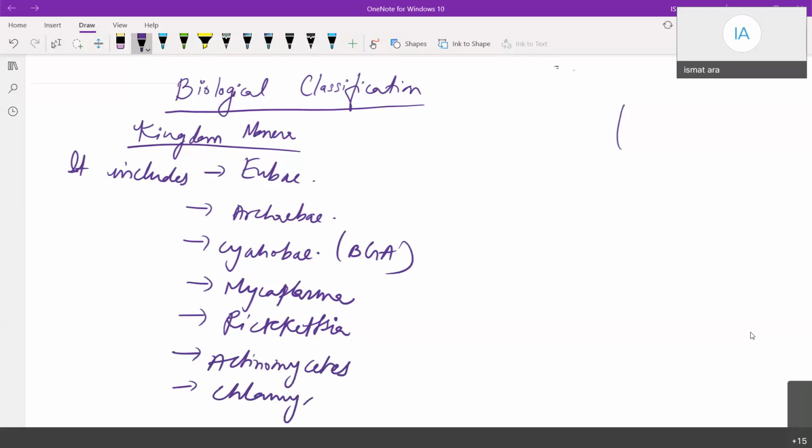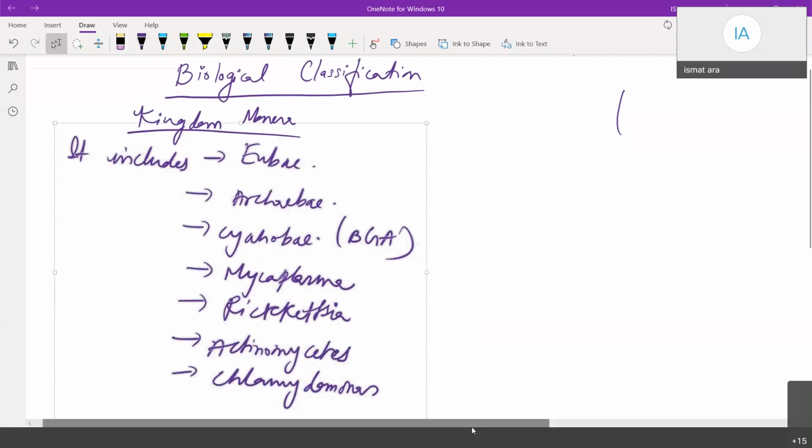One by one, we will read all these things. These are included in Monera. Next, we'll see the characteristics of Monera.